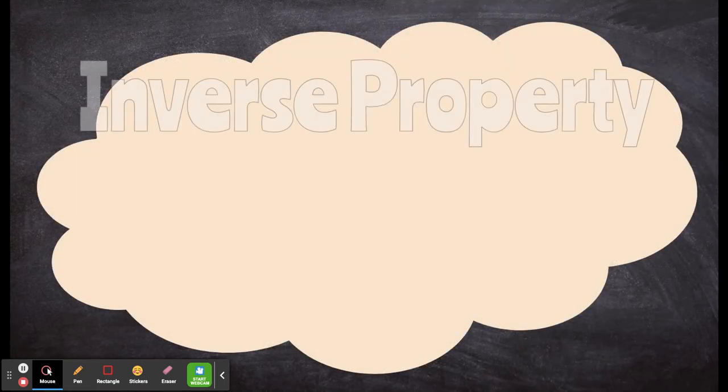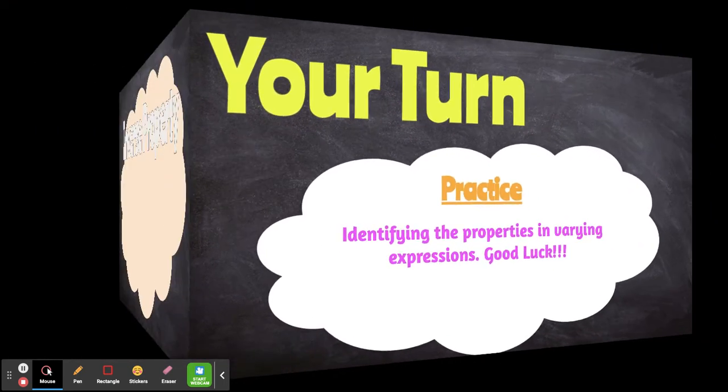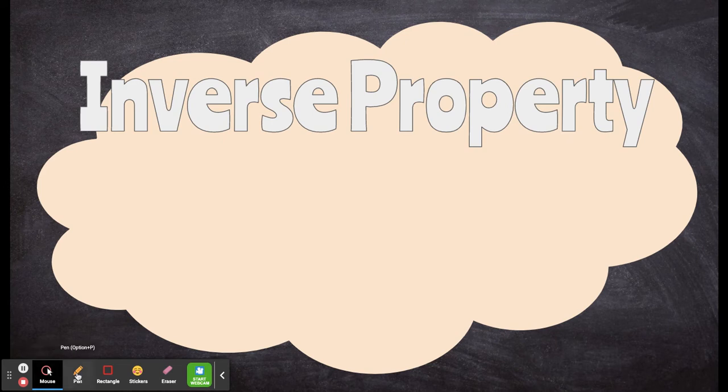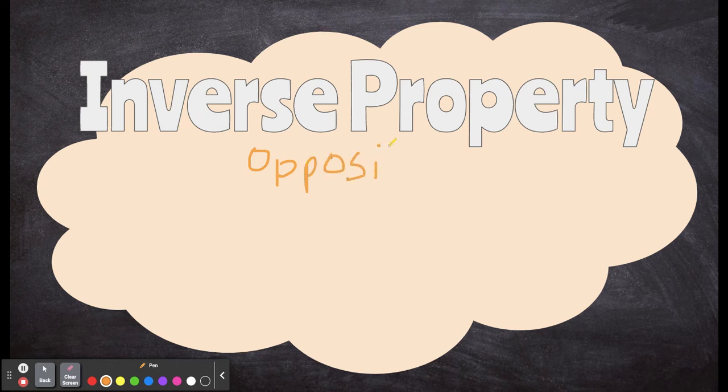So let's keep going. So the inverse property. Oops, sorry guys. So I want you to think opposite. That is what inverse is. So we have the 4 operations in math.